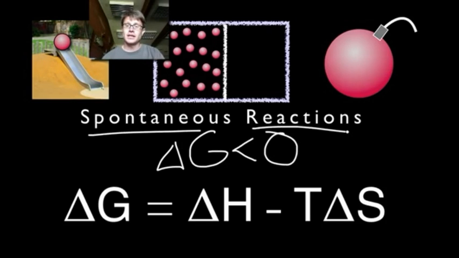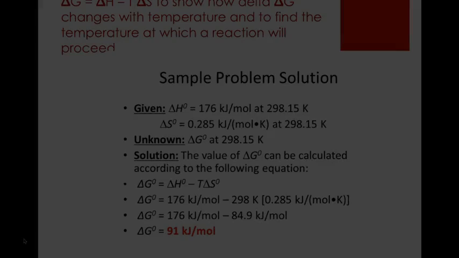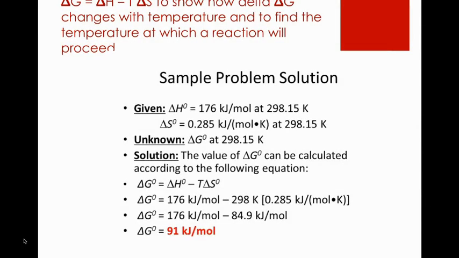a spontaneous reaction. Here's an example of using the Gibbs free energy equation. You'll notice that what is given to you are the delta H, the enthalpies of the reaction, the amount of entropy, and the temperature.